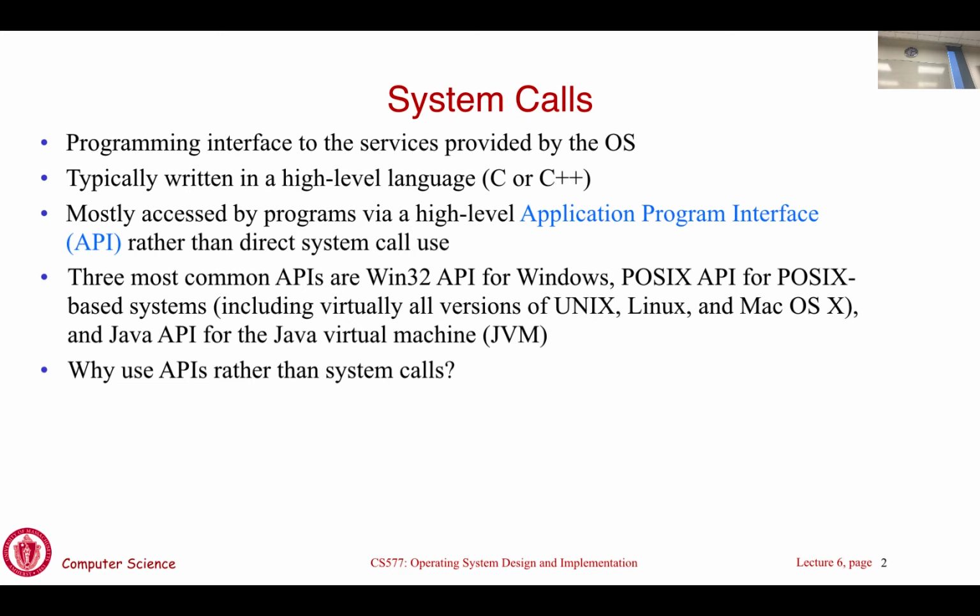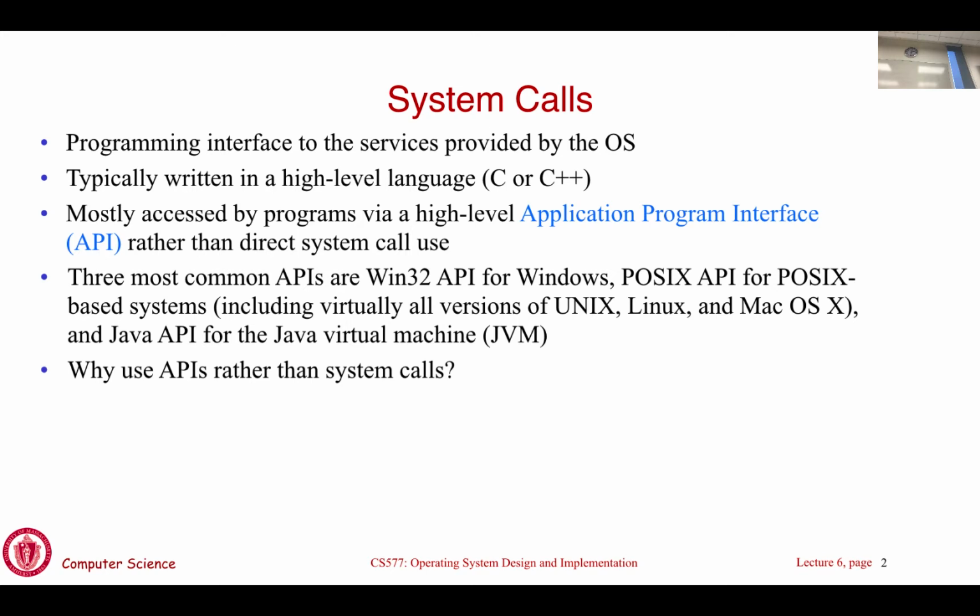There is a higher level interface that's exposed by libraries, and those libraries in turn actually use system calls to implement whatever functionality they are exposing. So some common APIs for libraries are the POSIX API. On a Unix platform you are programming in C or C++, you are using the POSIX API, and I'll talk a little bit about that today.